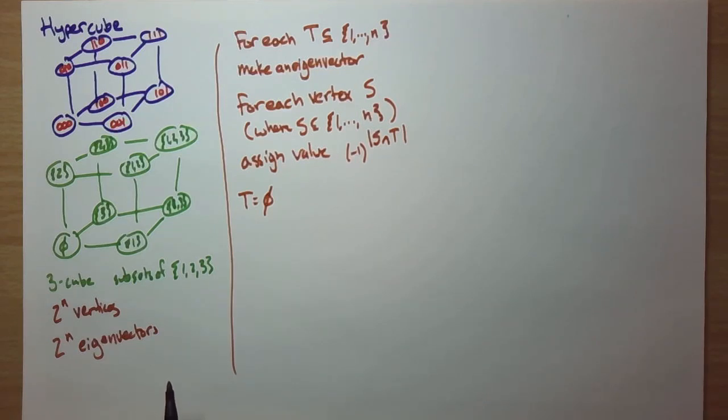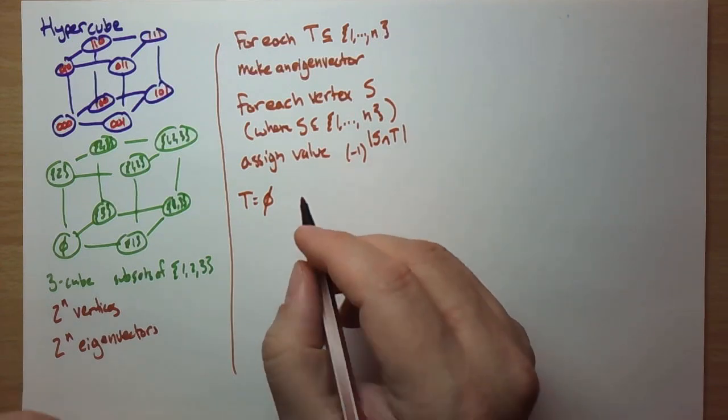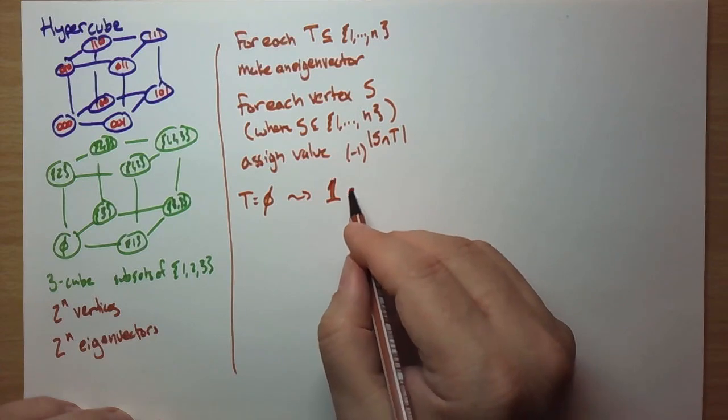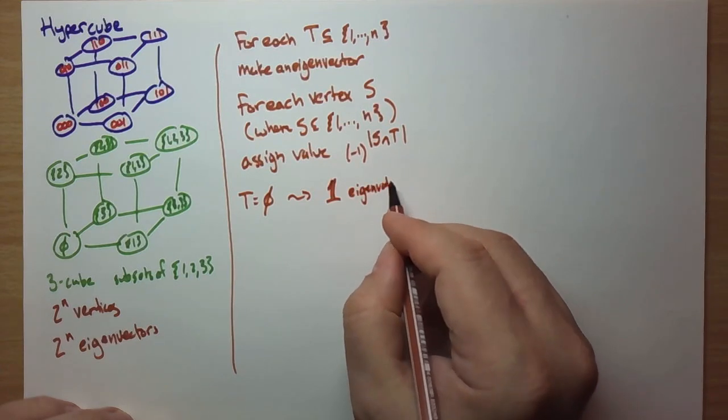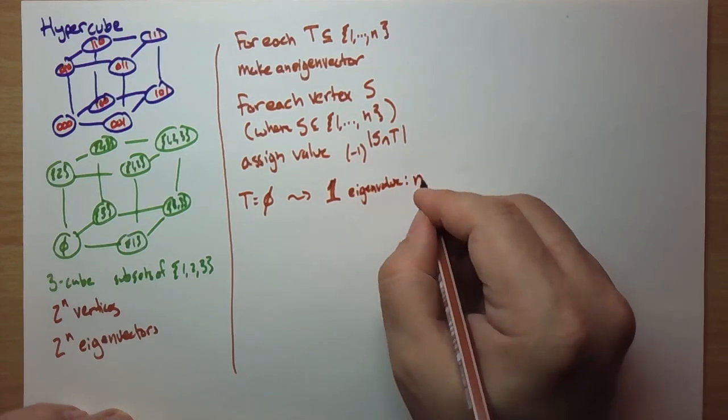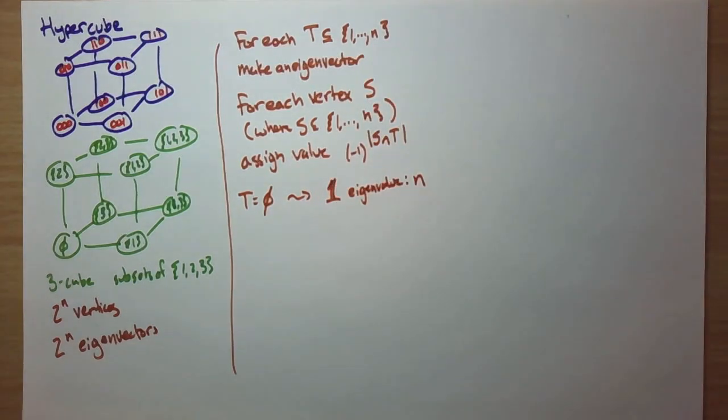So it's the all ones vector. And cubes are regular, so this leads to your all ones vector, and the eigenvalue turns out to be n, because we're thinking of the n-dimensional cube.